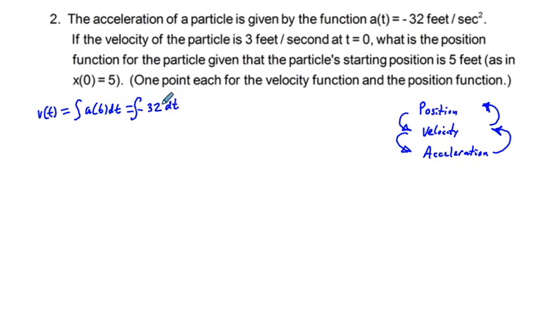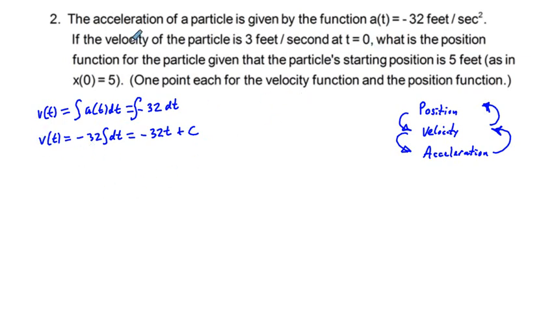And so now we can integrate this. v of t is equal to negative 32 integral of dt, which is going to be equal to negative 32t plus our constant of integration c. So that's like our general solution.